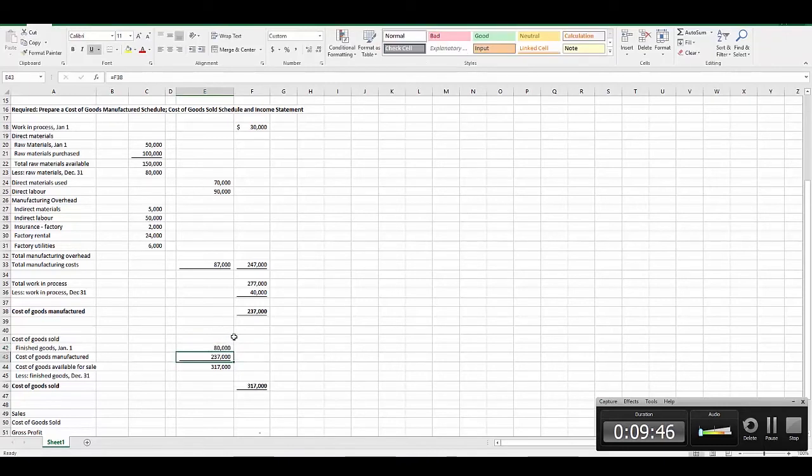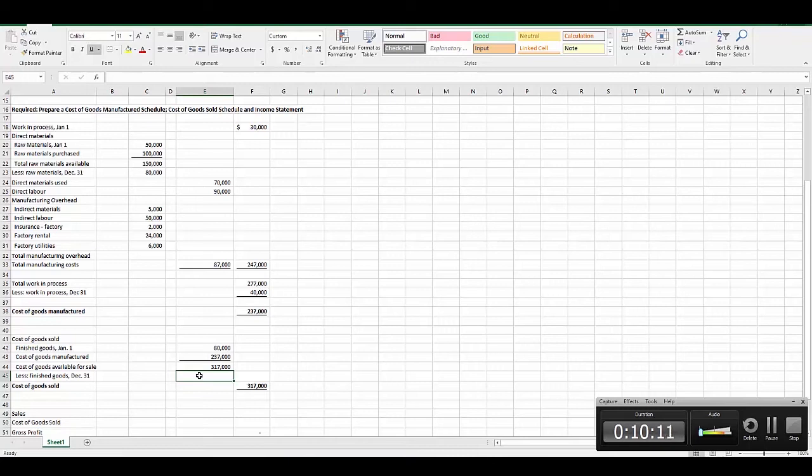Then we know that our cost of goods manufactured is $237,000, which we took from our cost of goods manufactured schedule. So the total cost of the goods available for sale is $317,000. But as I just mentioned, we weren't fortunate enough to sell all of those during the course of the year.